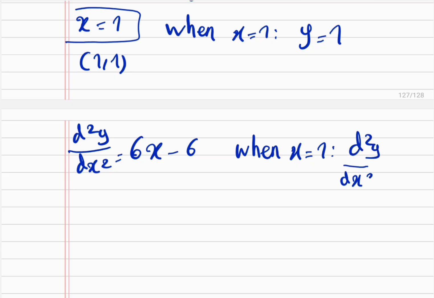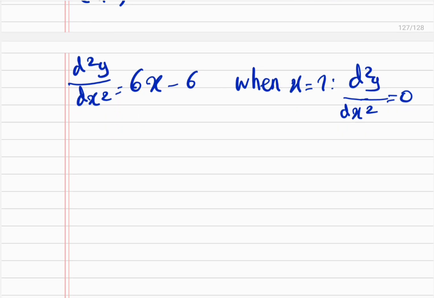And always remember that if you get 0 for the second derivative, then you need to check if it's a point of inflection. That's why we are going to check, because the second derivative is 0 when we substitute 1. In order to check, all we need to do is consider 2 points.